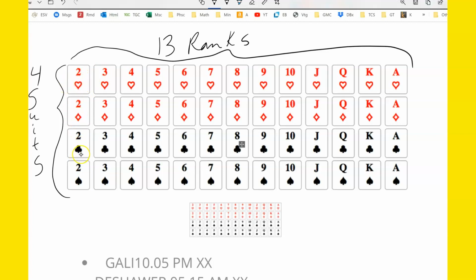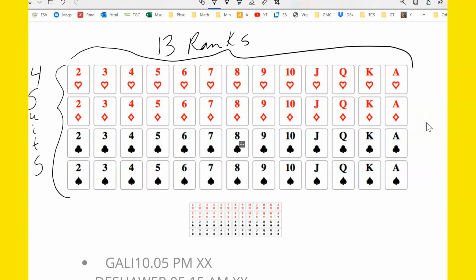Hearts and diamonds are both red in color. Clubs and spades are both black in color. So the 13 ranks and the 4 suits make up how many cards total? 4 times 13, that's 52 total cards.